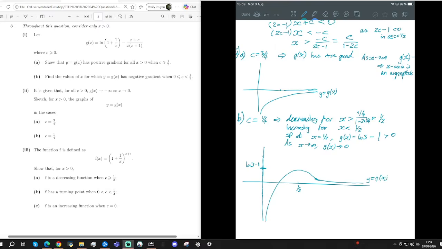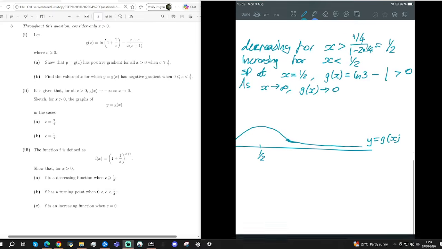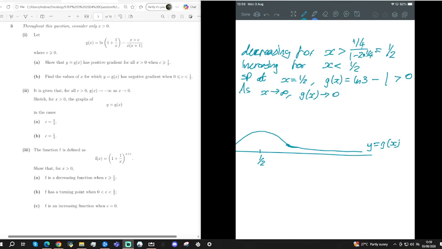I probably should go and try and find that point. Now I have gone to find the stationary point, so that's maybe good enough. I'm going to have a quick think if I can find that easily. We're talking about ln of 1 plus 1 over x being now equal to x plus a quarter over x plus 1.